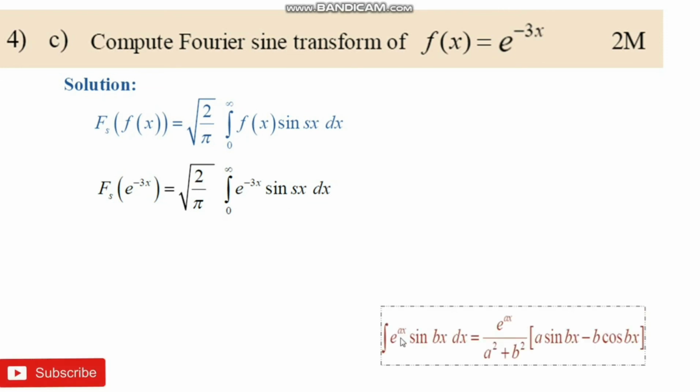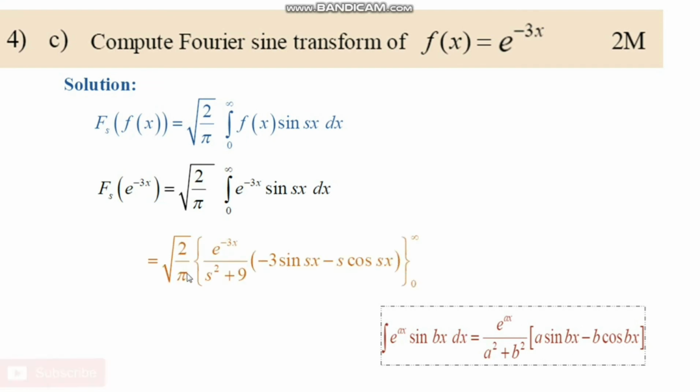We know that integral e power ax sin bx dx equals e power ax by a square plus b square, a sin bx minus b cosine bx. So square root 2 by pi, e power negative 3x by negative 3 square plus s square, negative 3 sin sx minus s cosine sx, which is the result. Consider the limits between 0 and infinity for the variable x.